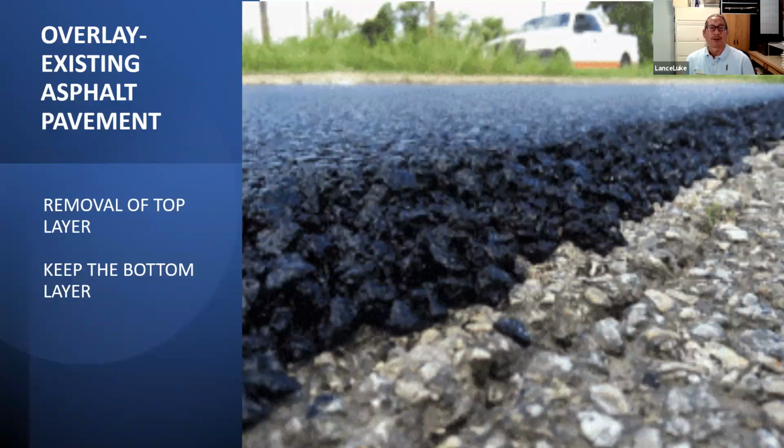Okay, so that's called an overlay, existing asphalt pavement. So you remove the top layer and you keep the bottom layer. Okay, and you only do this if the road is not that bad.